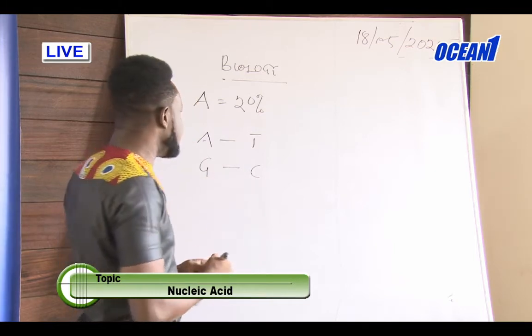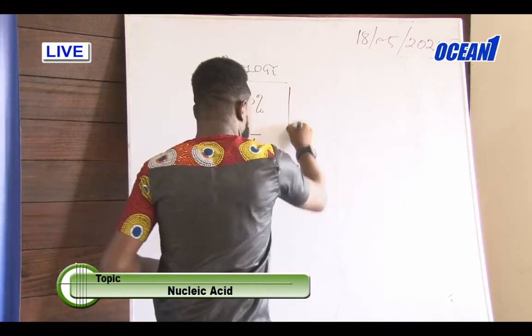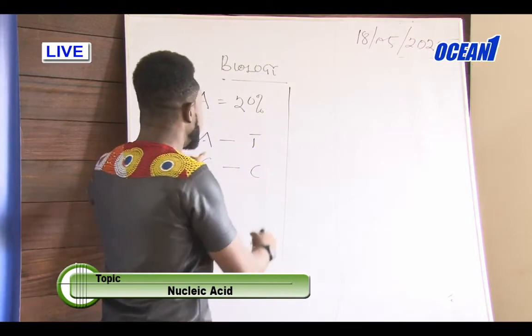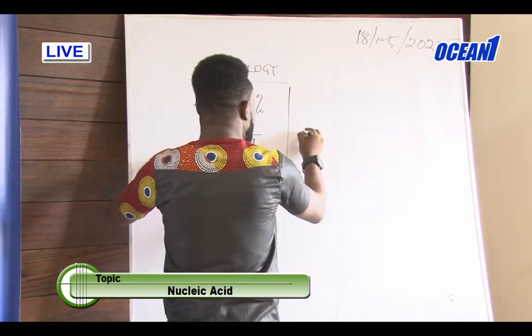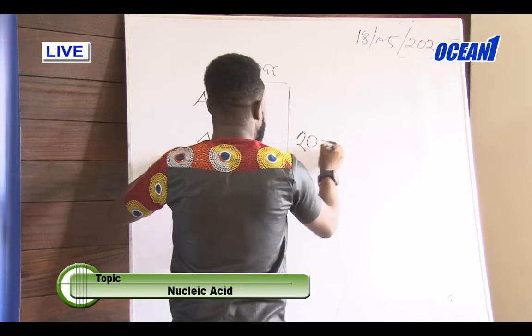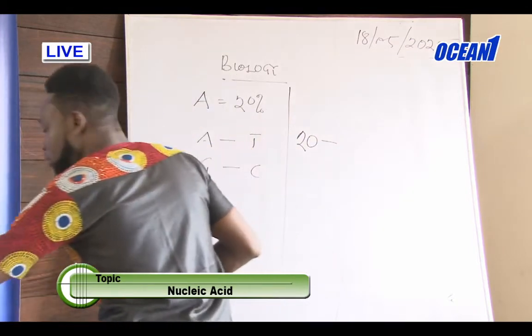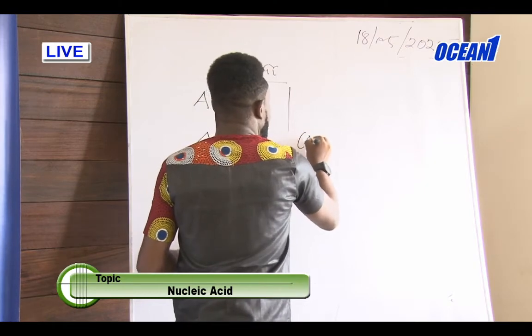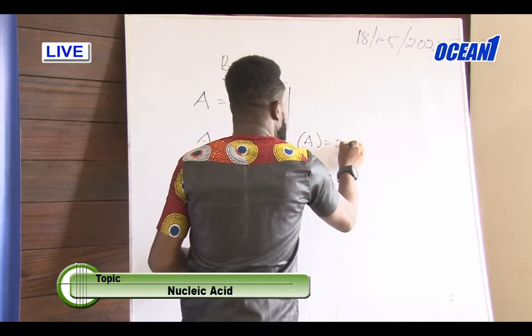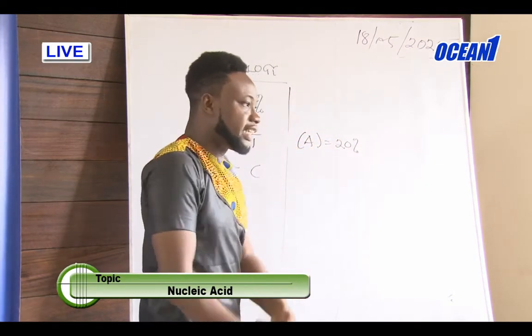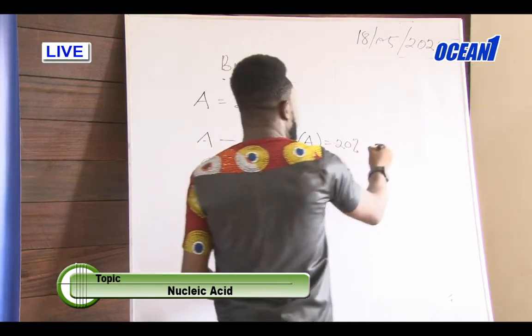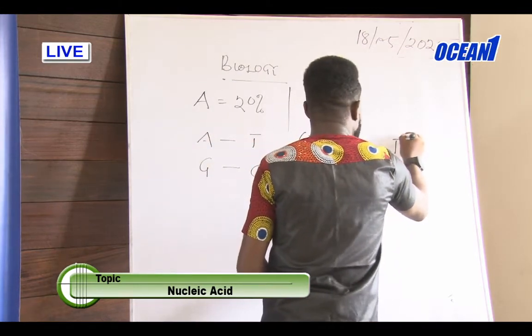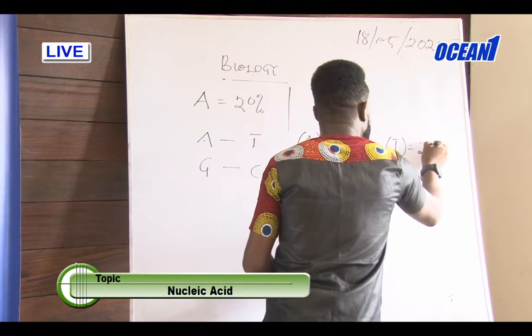Alright, with that in mind, if the amount of adenine is 20%, then based on the second rule we discussed, the amount of thymine will also be 20%.